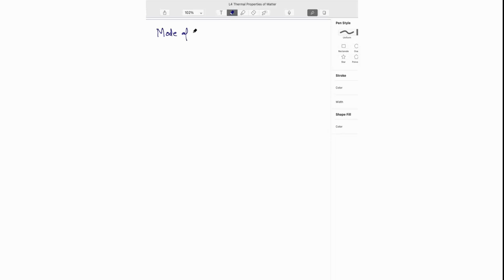There are three different modes of heat transfer: conduction, convection, and radiation. We'll go through all of them in detail one by one, but for now, just as an introduction, I will introduce you to the three modes.